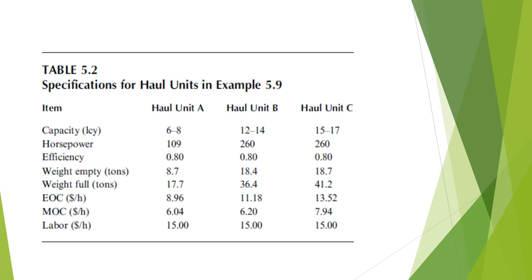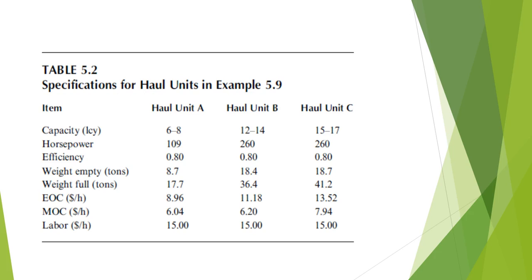The operating and maintenance costs relate to how much fuel you end up using. With a heavier vehicle and a bigger engine, you generally are going to be using more fuel, although when you apply that fuel cost across to the capacity, or for each cubic yard, it may go down because you get better productivity. Again, it depends on the situation that you're working in.